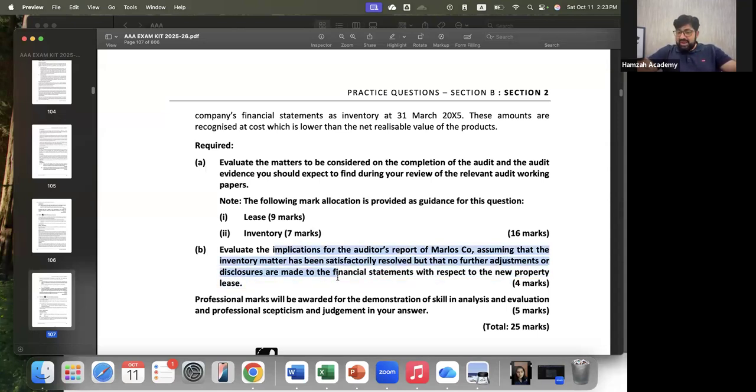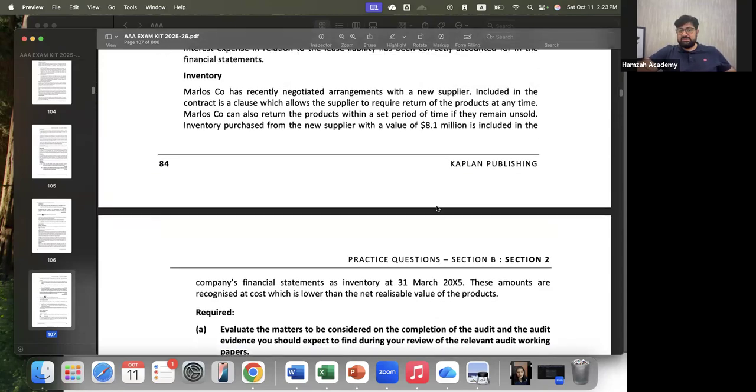So this is the impact on the audit report of one matter. Okay, right? So we have to discuss 4 marks. Now, how to attain these 4 marks, I will be talking about it today.